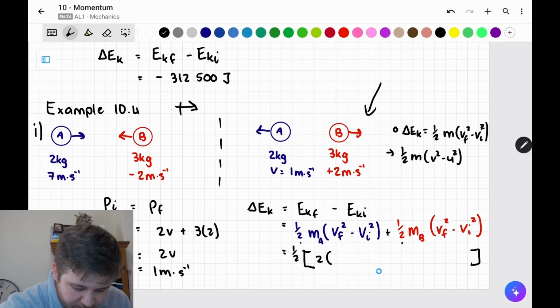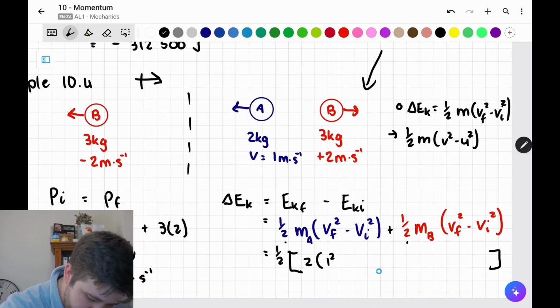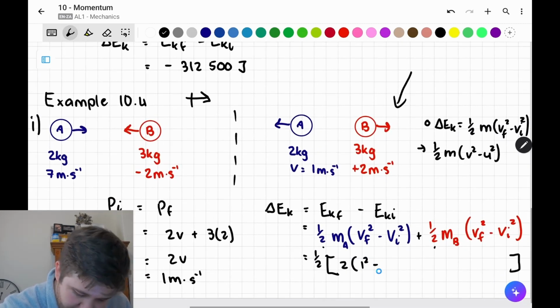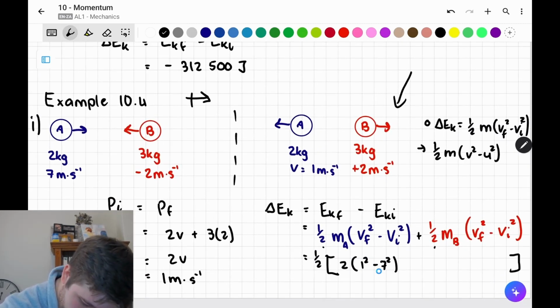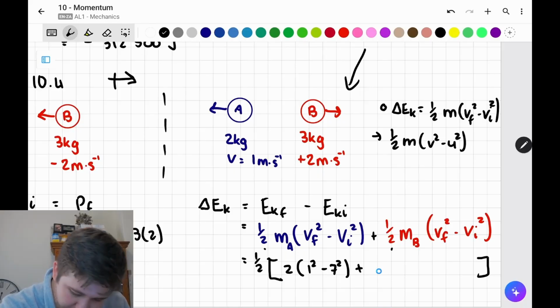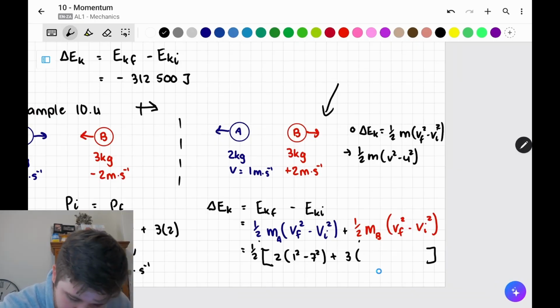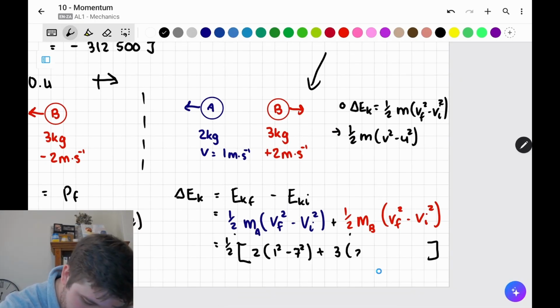So our final velocity is 1 squared, nice and easy, and our initial velocity was 7 squared. Okay, and on this side we have the mass of B, which was 3. Its final velocity is 2, and its initial velocity was 2 as well. 2 squared minus 2 squared.